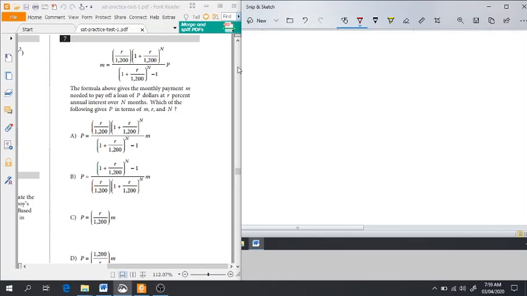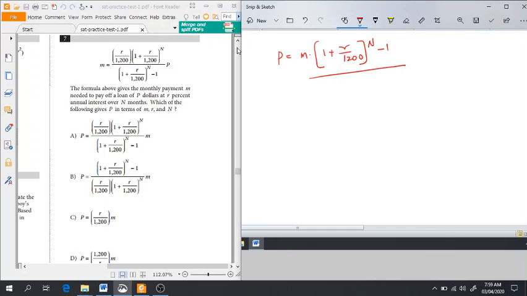So now we can write it as P is equal to, to make P the subject, the denominator term should be multiplied with M and the numerator term should be divided by M. So it's just like a cross multiplication. So we can write here M times the denominator term, 1 plus R over 1200 to the power n minus 1 over.